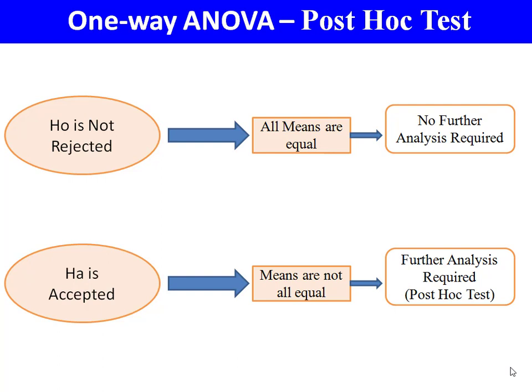In case the null hypothesis is rejected, that is, the alternate hypothesis is accepted, which means the means are not equal, in that case we can apply a post hoc test. A post hoc test is a test used only after we find a statistically significant result and need to determine where the difference came from.